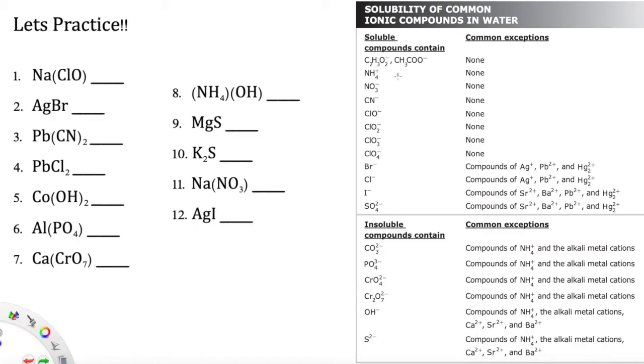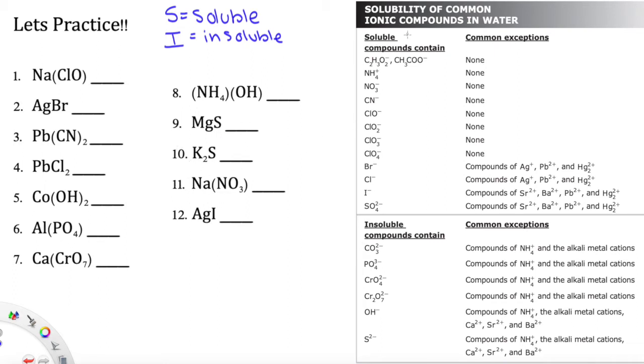All right, we're going to go through these compounds 1 through 12 and label them with either an S for soluble or an I for insoluble. We're going to use our solubility rules to help us determine whether these compounds will be soluble or not, whether they'll dissolve in water or not.